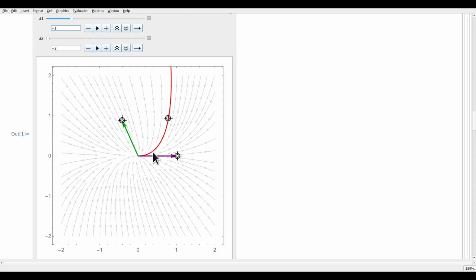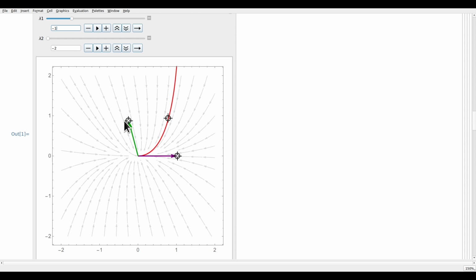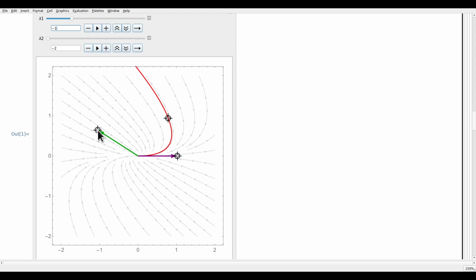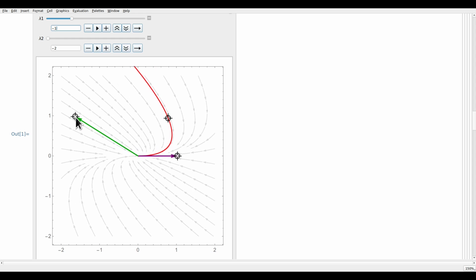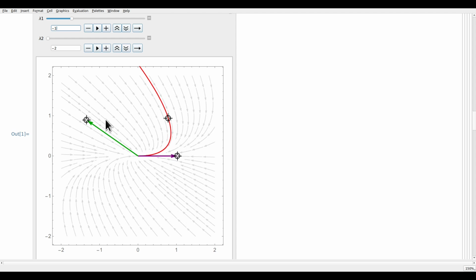Now what you can see is that the eigenvectors sort of control the way the solution swerves. The length of the eigenvector doesn't really matter. You can choose any eigenvector you want, and the solutions in the vector field stay the same, other than for the wobble in the mouse.